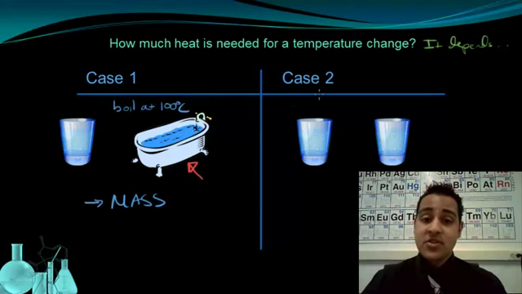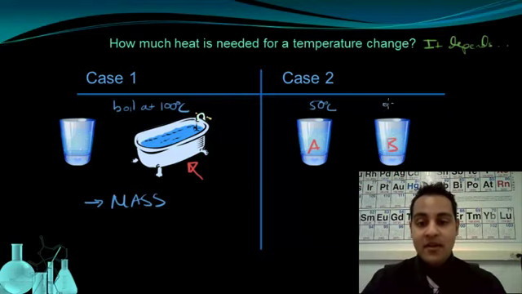Now let's take a look at case 2. In case 2, I have 2 cups of water. Let's call them A and B. They have equal masses or equal amounts of water in them, but I want to heat cup A to 50 degrees Celsius, and I want to heat cup B to 90 degrees Celsius. Now I'm going to ask the same question. Which of these would I have to add more heat to get the temperature change I'm looking for?